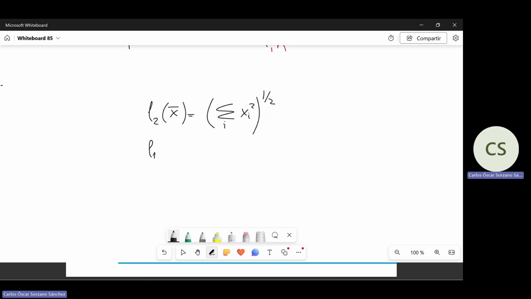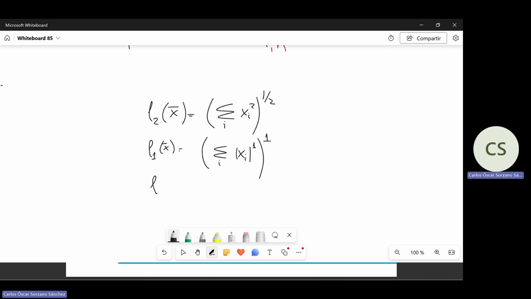Okay, what about the L1 norm? The L1 norm is the sum of all these, but now to the first power, and then you don't do any root. So it is just kind of 1.